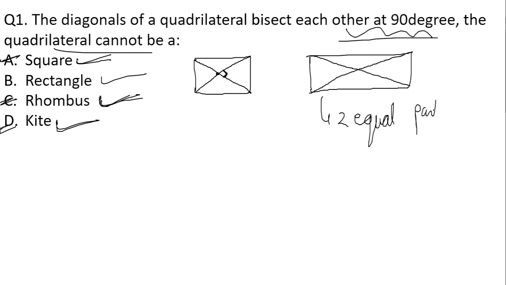But in case of rectangle, the diagonals are actually dividing the rectangular shape into two equal parts.